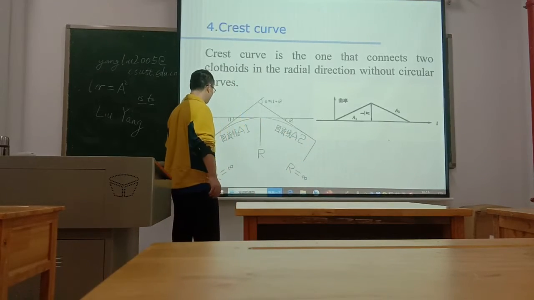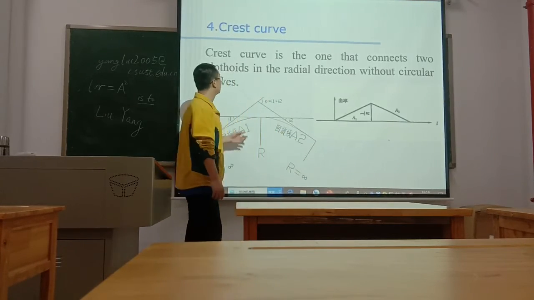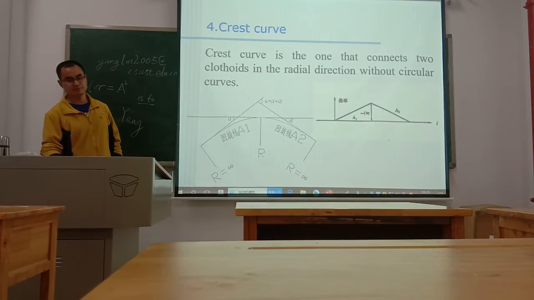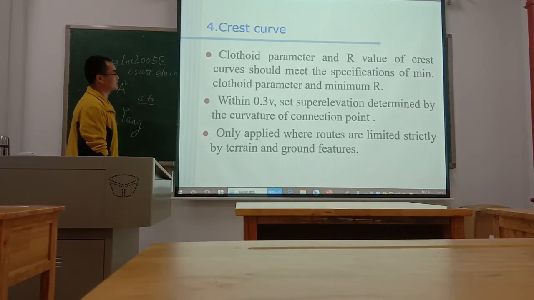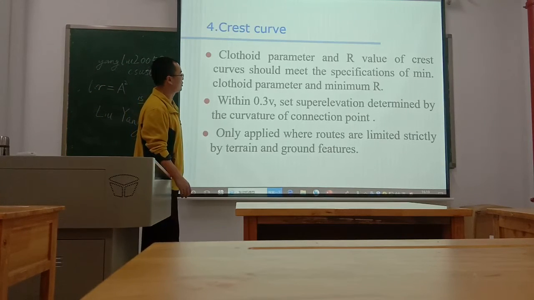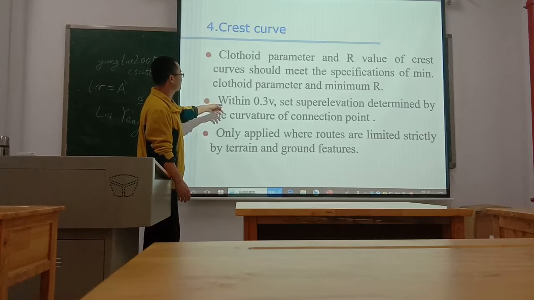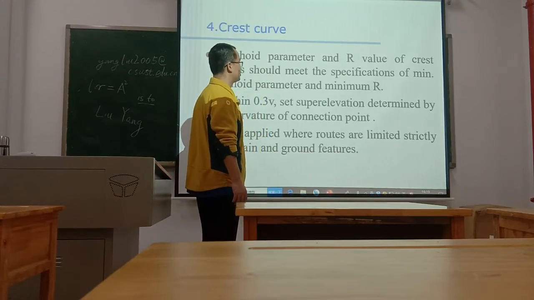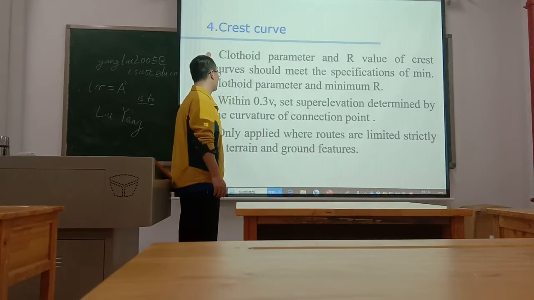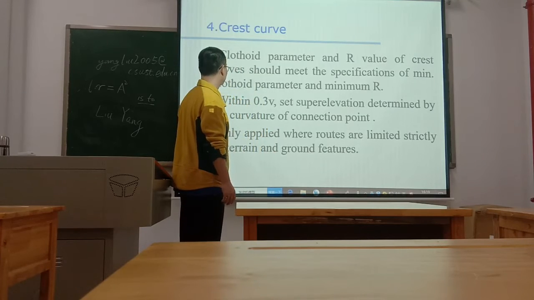Clothoid parameter and R value of crest curves should meet the specification of minimum clothoid parameter and minimum R within 0.3 times V set superelevation determined by the curvature of connection point.